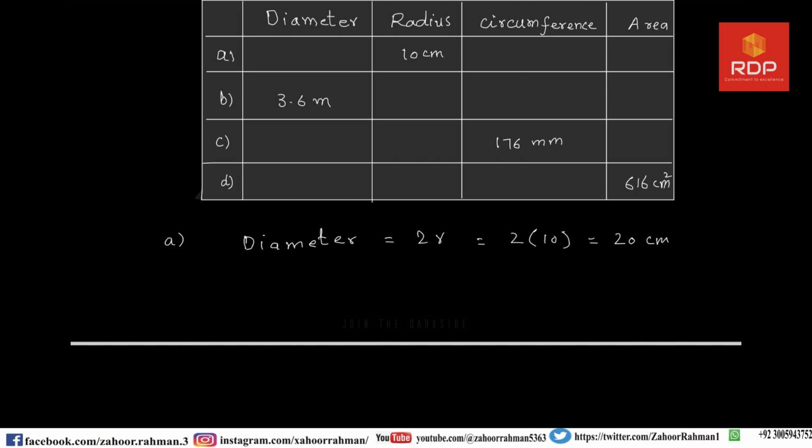Next we have to find the circumference, and we know that the circumference of a circle is equal to 2 pi r. So 2 pi into 10, so it means 20 pi is the answer.